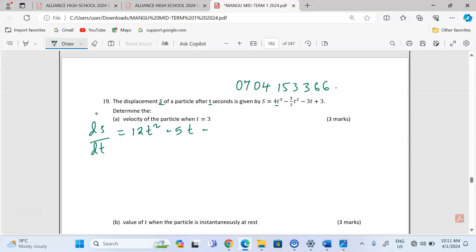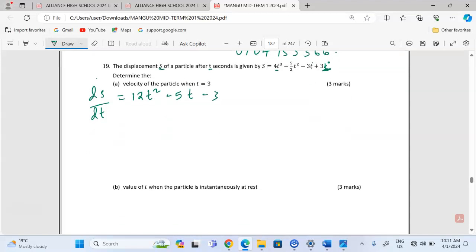Then we have -3, because t is to power 1 we drop the 1, and the t is now to power 0, so it becomes 1. The last part is a constant, which has an existing t to power 0, that is why its value is 1 and it's not indicated. During differentiation the constant disappears, so we end the differentiation at that point.